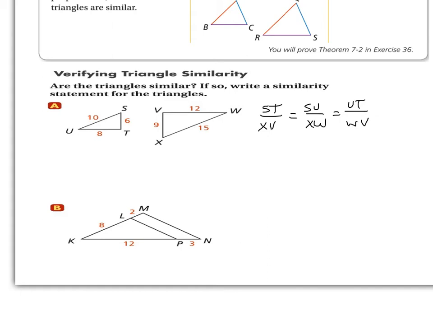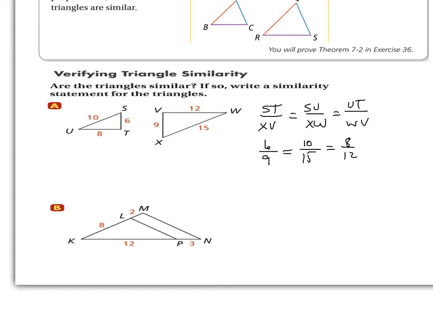Now, if I set these up, these should all be the same numbers. So ST is 6, XV is 9, equals SU is 10, XW is 15, and UT is 8, and WV is 12. And now I need to reduce these.